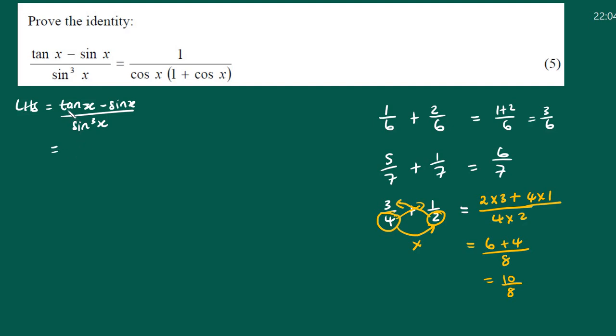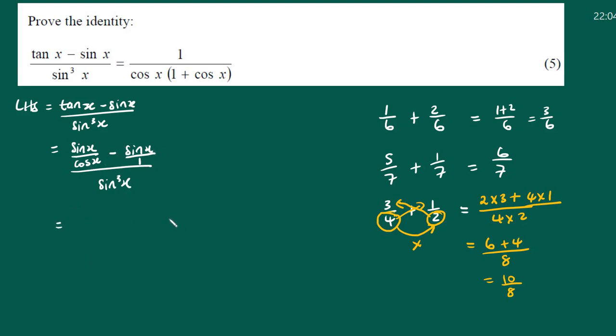Now that you have tan x and minus sine x, you can write that as sine x over cos x, and then minus sine x all over sine cubed x. Now, good people, this is a fraction, but this does not look like a fraction. Well, actually, it is a fraction because this can be written as over 1. Please, let's remember that.